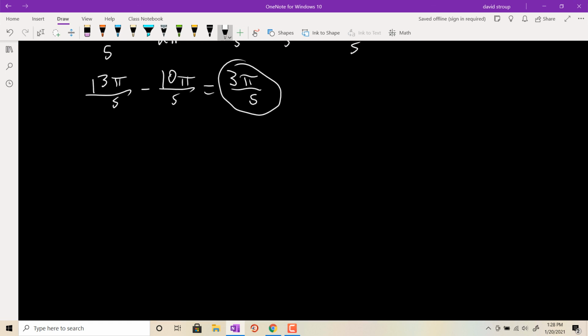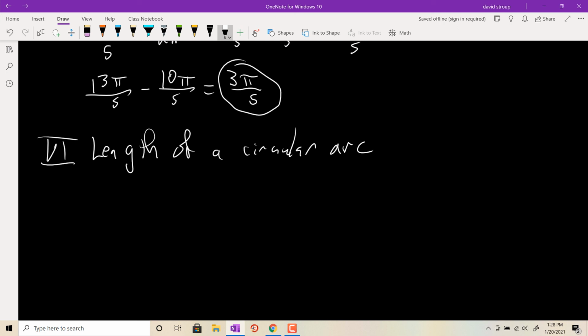Finally, we're back to this mysterious formula that I used to introduce the radian measurement. It's the length of a circular arc. And here's our picture. It's a standing room only formula. I have some sort of circle and some angle in the circle, and I want to know the walking distance from here to here in yellow.